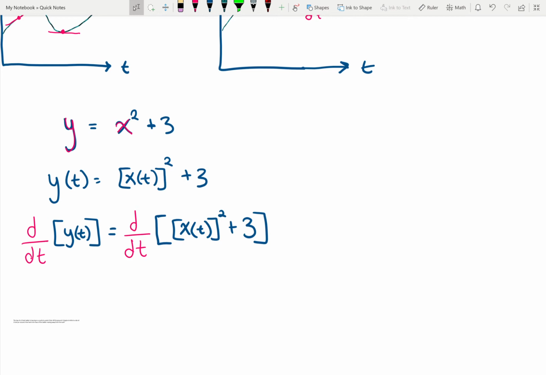So what does this equal? Well, dy/dt is what we're solving for, so that's just dy/dt. And on the right-hand side, I'm going to distribute this d/dt across.